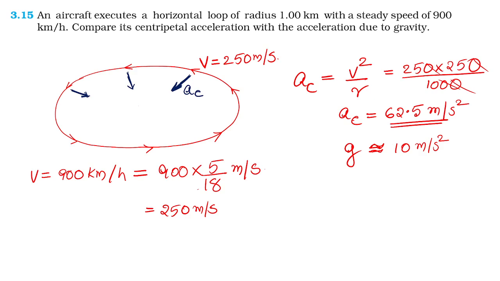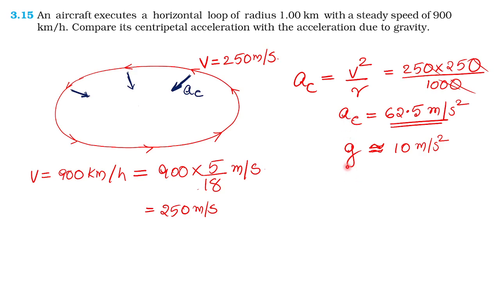So why am I taking g? Read the question. Compare the centripetal acceleration with acceleration due to gravity, meaning that AC centripetal acceleration is how many times greater than acceleration due to gravity. That is the meaning. We just find the ratio.